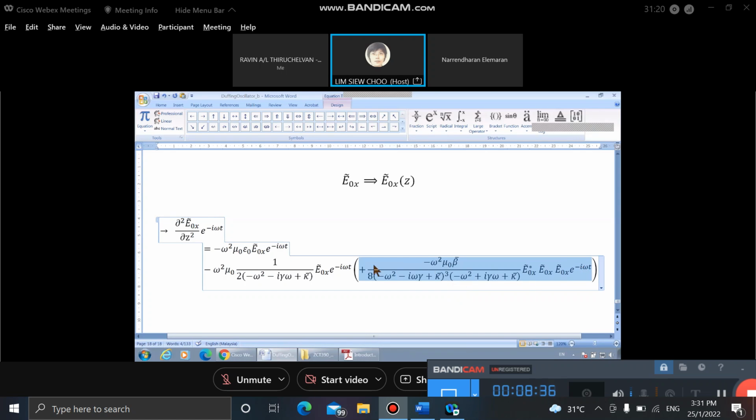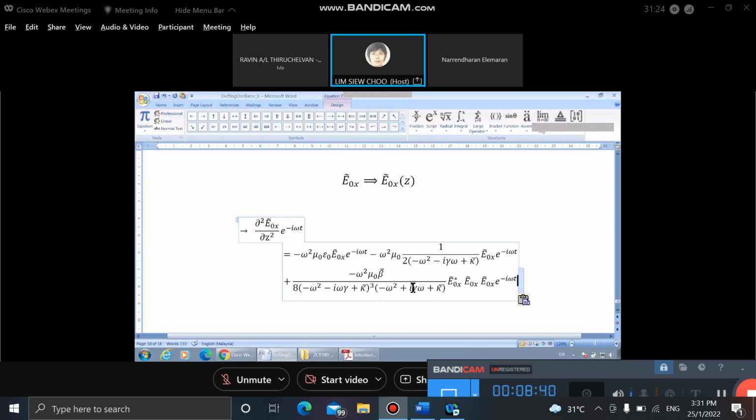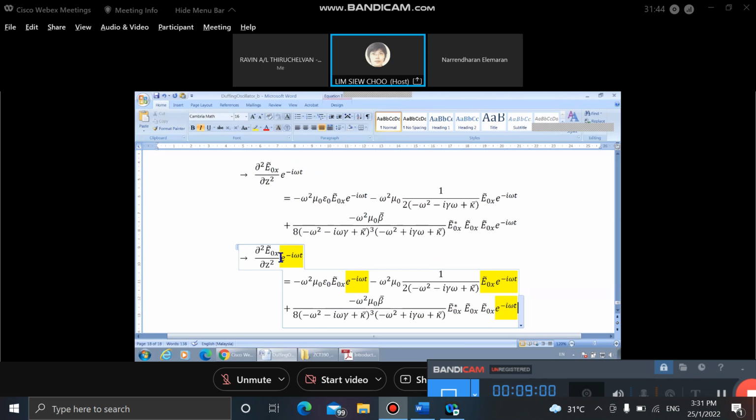Okay, after this I can simplify. So I have done all the time derivative. So every term carry this time factor. So what should I do? I can just cancel it. I can just divide every term by this time factor. Okay. So I just delete this. Delete the time factor.